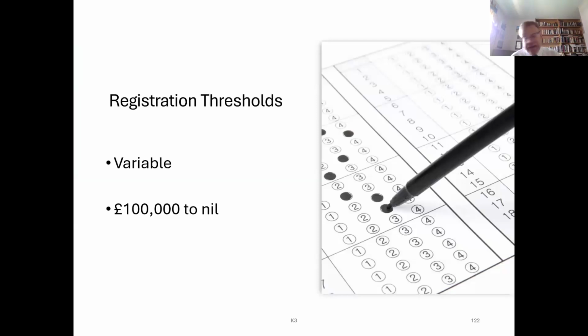There are elements like the registration threshold for VAT, which is variable and could be anywhere between about £100,000 and zero. The UK has just raised its VAT registration threshold to £90,000, which is probably higher than the EU would normally be happy with.